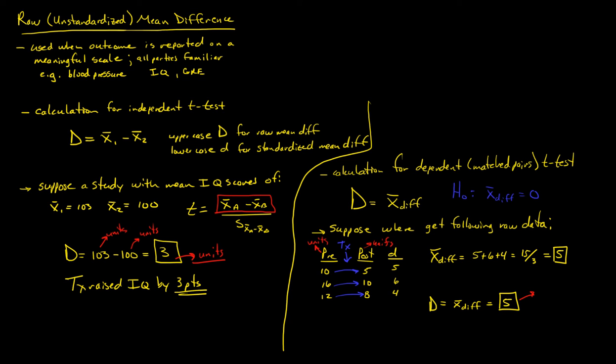And so this capital D, the mean of our difference scores, has units in it. So the units are intact in all these, and they can't be compared if you're using a different outcome variable that has different units. That's where the standardized mean difference comes in. It's going to act similar to a z-score, where we get a unitless value and we can look at an effect or a magnitude of your treatment and compare it across different studies.